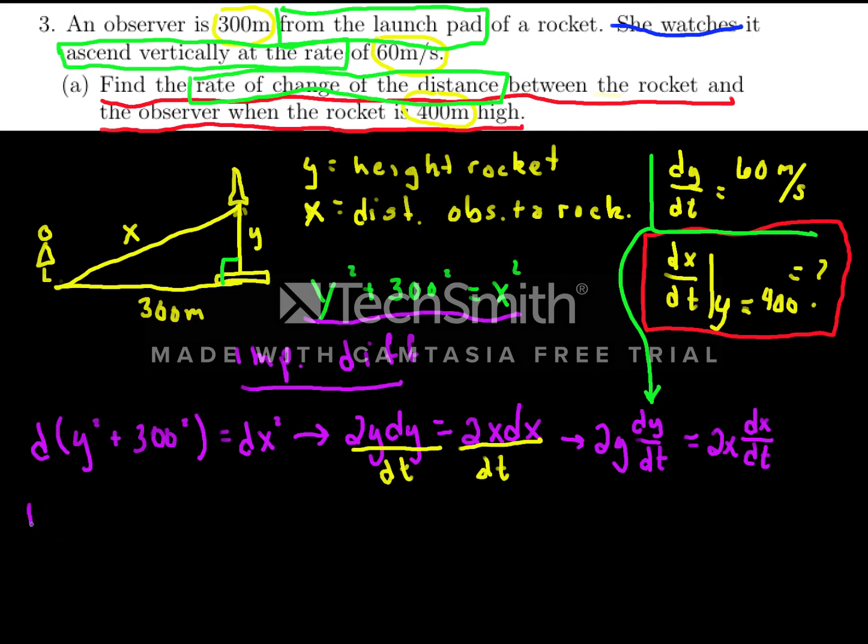So 120y is equal to 2x dx dt, or that dx dt is equal to 60y divided by x.